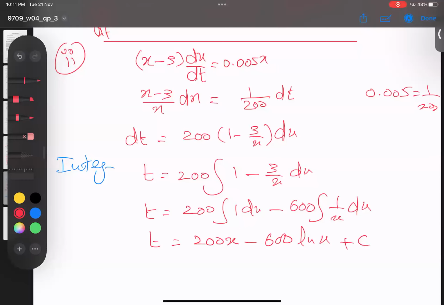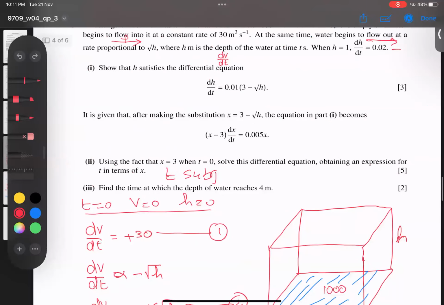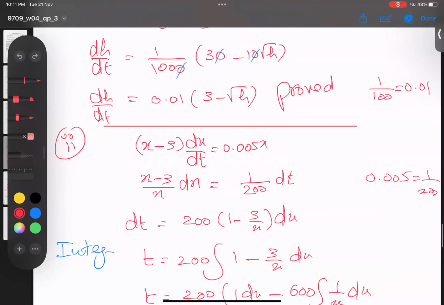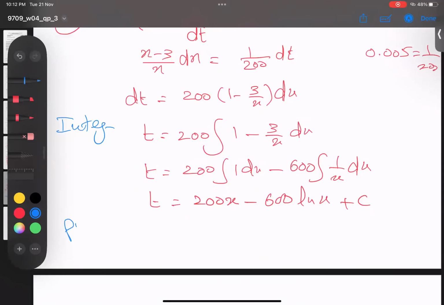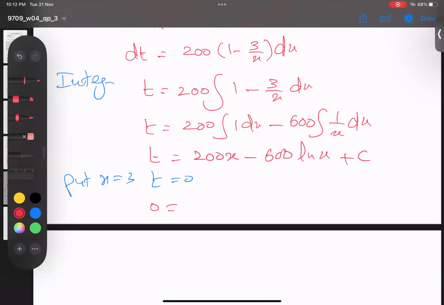Now I have two variables used in this question, x and t, and maybe we have been given some data. Yes, here it is given: x is 3 when t is 0. So when I plug in this t equals 0 here, I get 600 log of 3, since when 3 comes here it becomes log of 3.